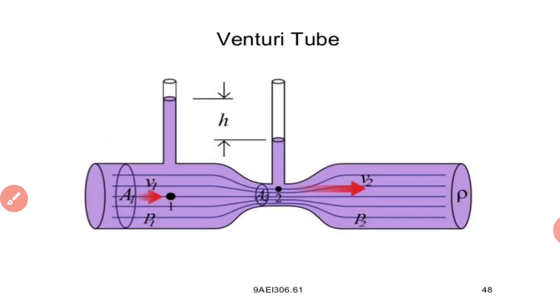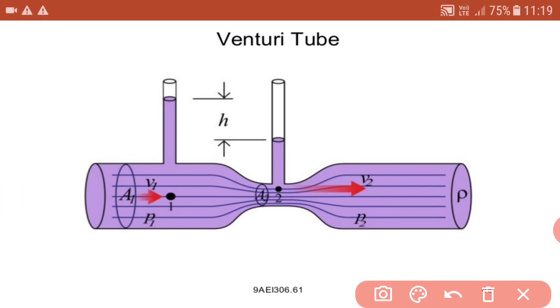Now here we can see this is also one type of Venturi tube. A1, V1 and P1 are the area of the tube, the velocity and the pressure at point 1, and here the pressure is measured from here. It is the difference in height h.